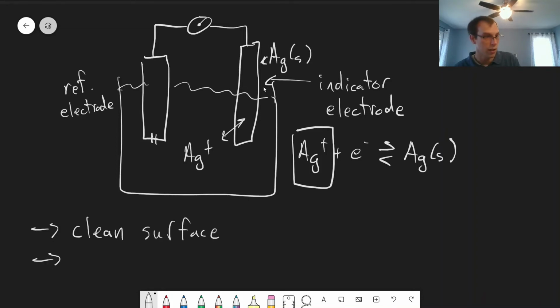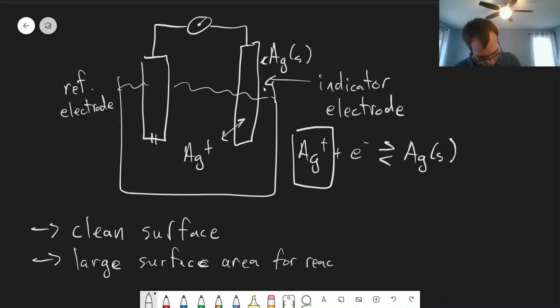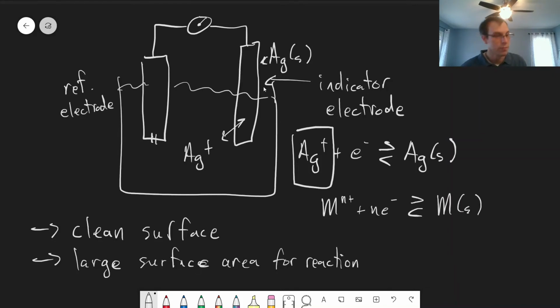It has to be a large surface area for the reaction to take place, because you want the equilibrium to be established very quickly, and that is only going to be true for certain metals. So in general we can write M^n+ plus n electrons going to the solid metal.